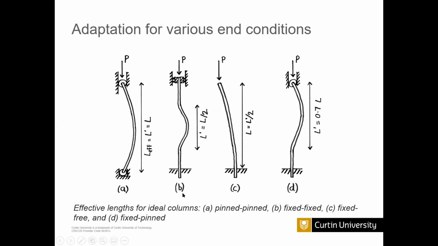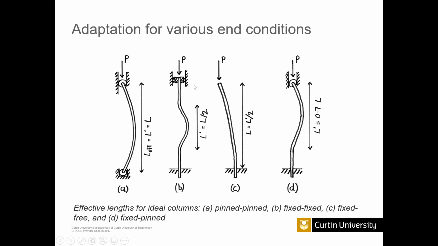But here, in figure B, you can see this is a fixed end, and this is again a fixed end. Sometimes you will wonder how it will buckle then, because this one is fixed and this one is fixed.